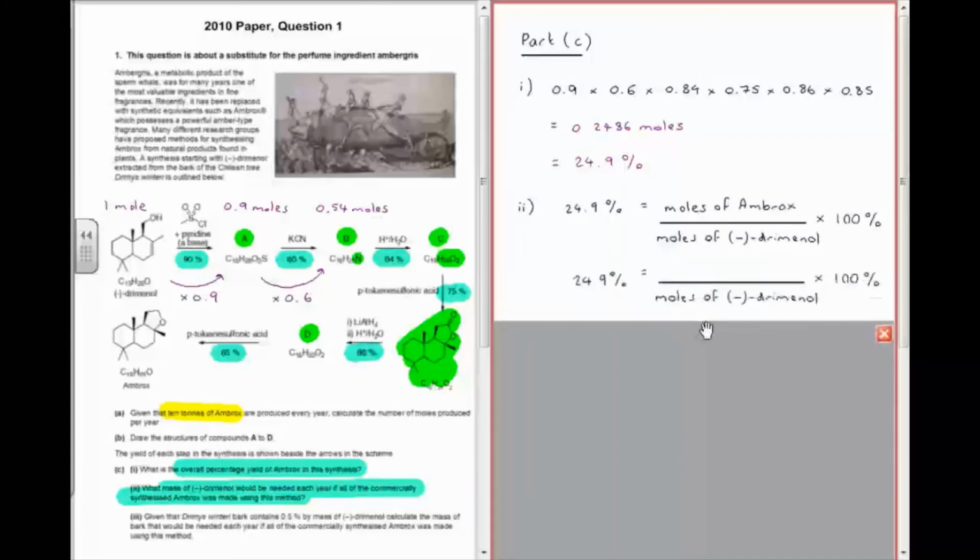So in part A of the question, we calculated that the number of moles in 10 tonnes of ambrox was 42,304.